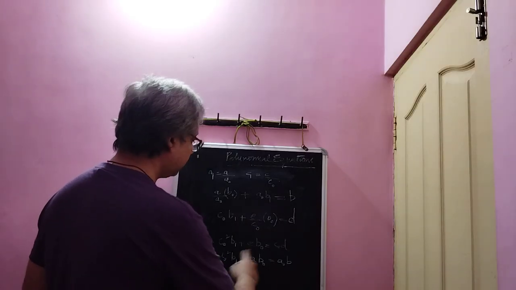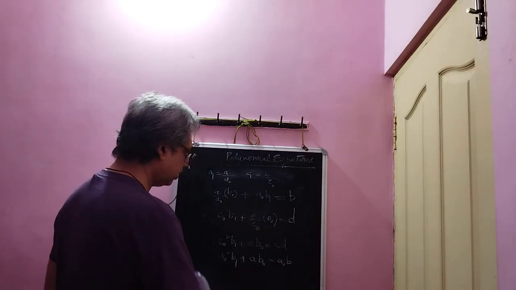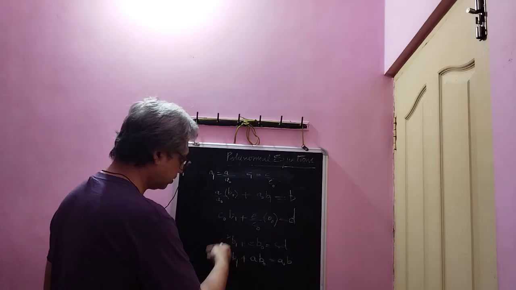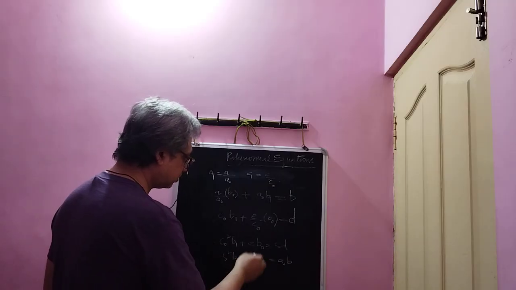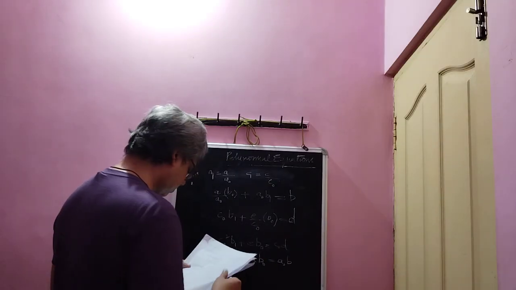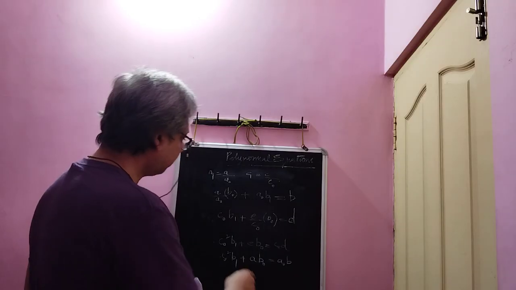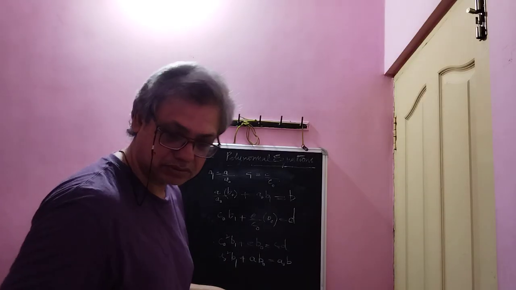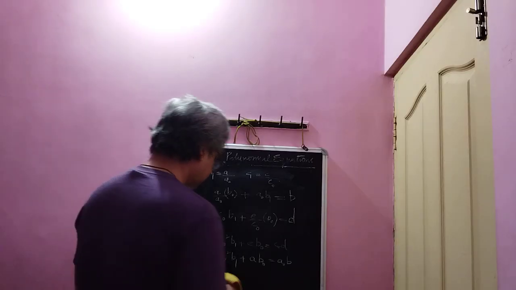We have to solve for B1 and B naught. It is a system of two linear equations, and all the other values were assumed constants. So we can simply solve that. I'll just give you the final formula here. You can easily solve it.